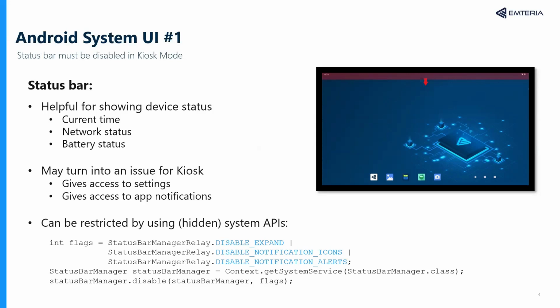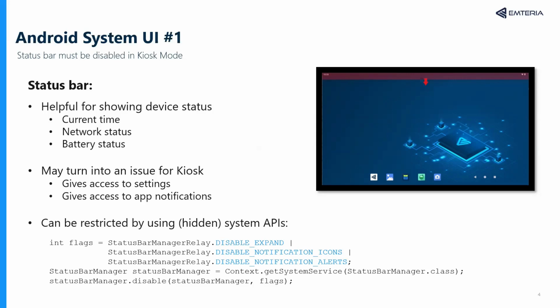They say, oh, can we keep the status bar, but please don't make it expandable. Just put it there and let it be shown, but don't show any notifications, because it can turn into an issue if the user just wipes down and then goes to settings and then starts apps. This is not what the client wants.